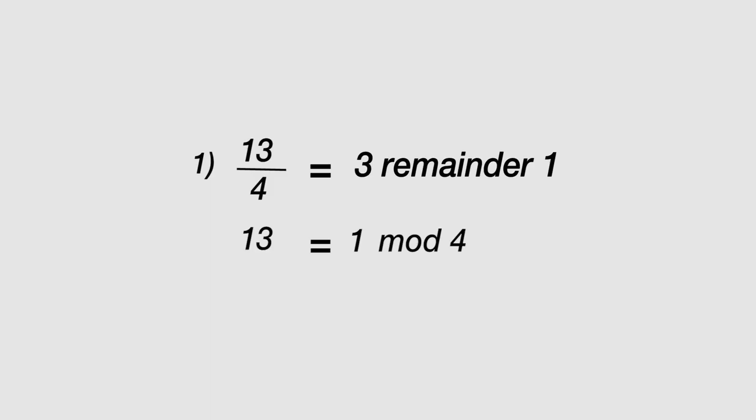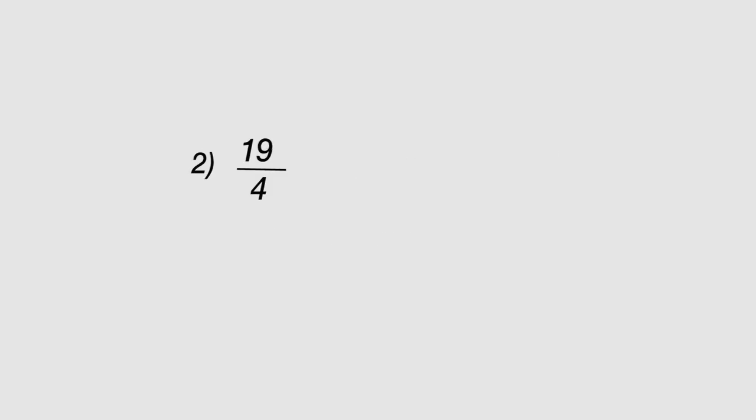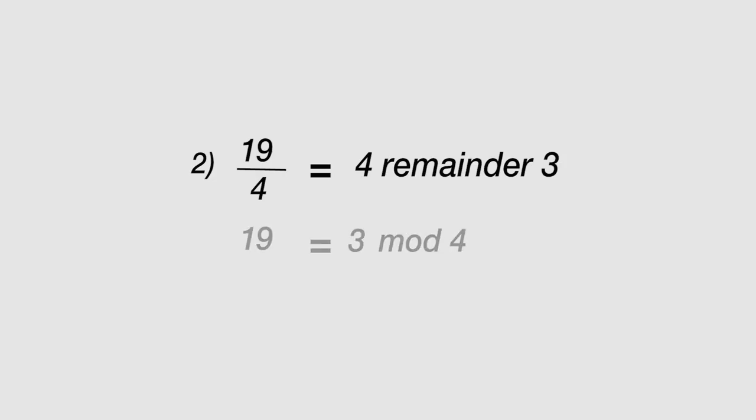Again, we want to write 19 as a number in mod 4. What do we do? We divide 19 by 4, and that gives us 4 remainder 3. And therefore, 19 is equal to 3 in mod 4.